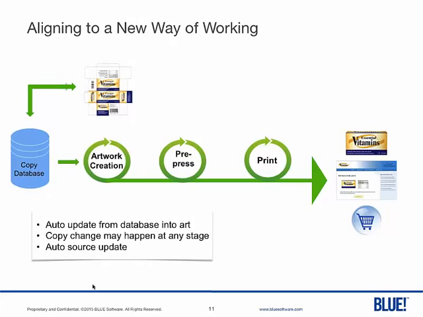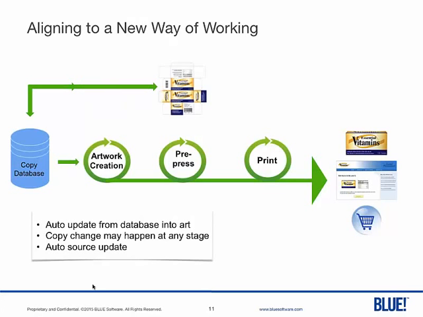So you'd remove that manual touch point, and then we're maybe never going to get to the place where no changes would happen beyond the artwork creation stage. But if we did, then ideally the copy would be updated in the database and then automatically feed back into the artwork.